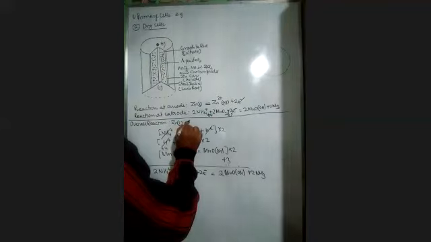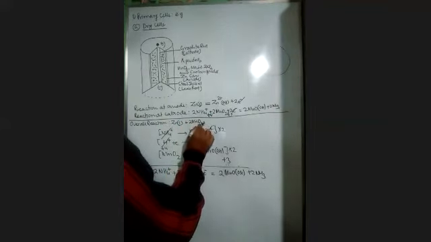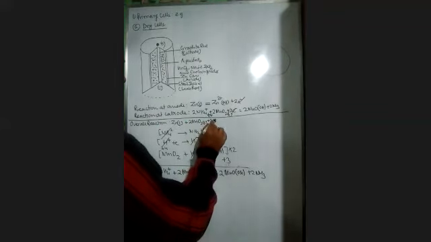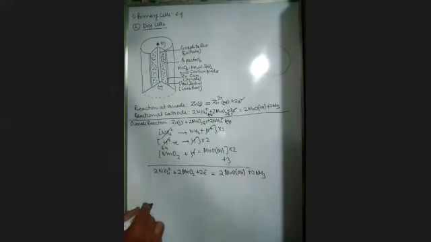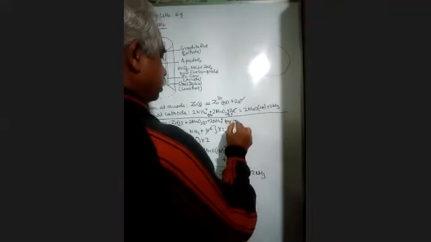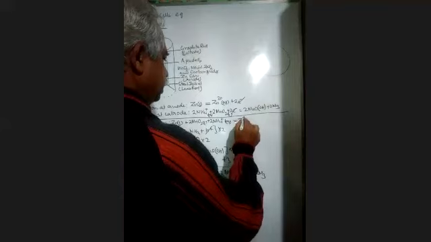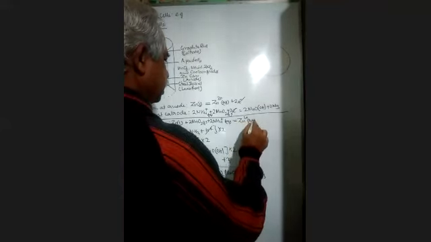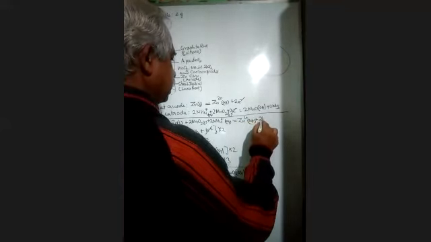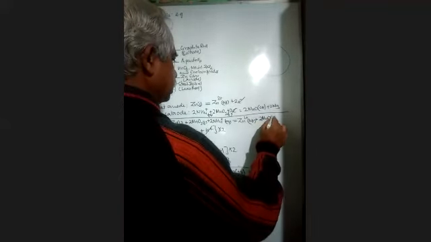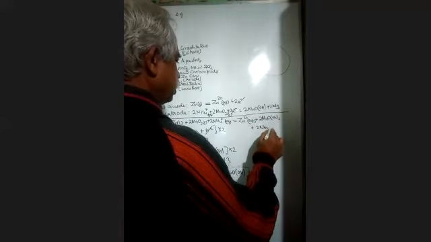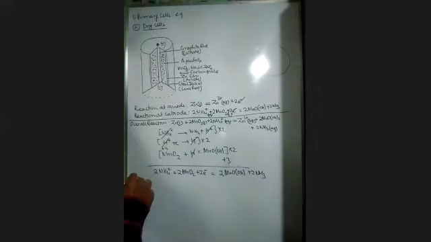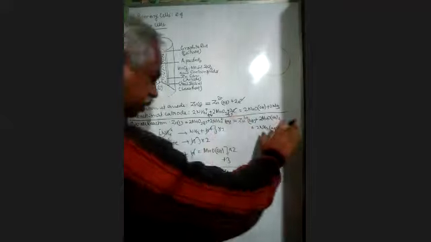I'll write now here 2 MnO2 solid, 2 NH4 plus aqueous, and it will give you zinc 2 plus aqueous, then 2 MnO(OH), this is solid, plus 2 ammonia, this also will dissolve, you will get aqueous. So this is the overall reaction.